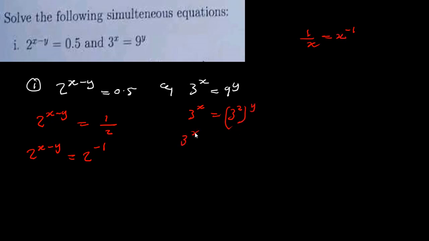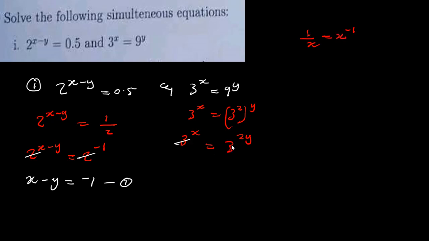So 3 to the power x is simply equal to 3 to the power 2y. With that in mind, we can simplify our work by cancelling the same bases, and then x minus y is simply equal to negative 1, and this is your equation 1.